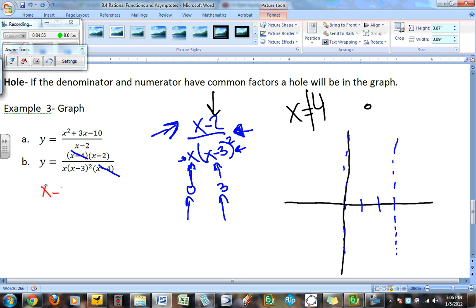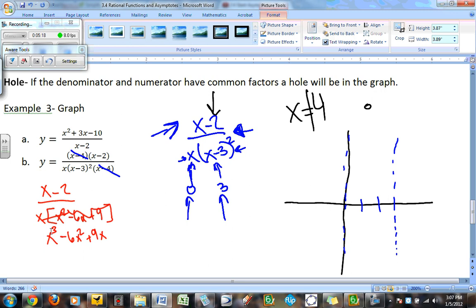So I have x minus 2, and when I square out that bottom, I have x times x squared minus 6x plus 9, and then I can distribute my x through. So on the bottom, I'm actually going to have x cubed minus 6x squared plus 9x.